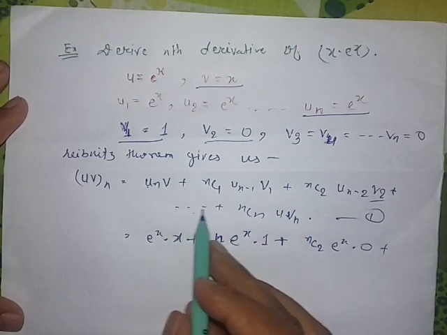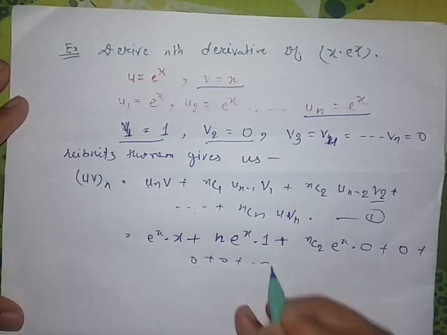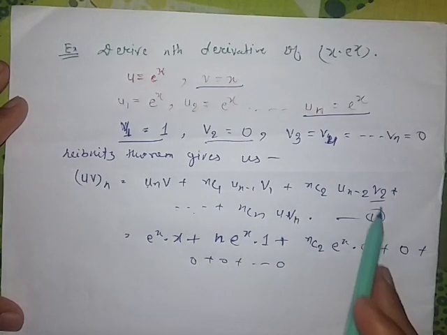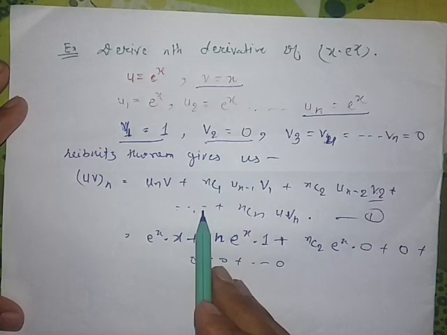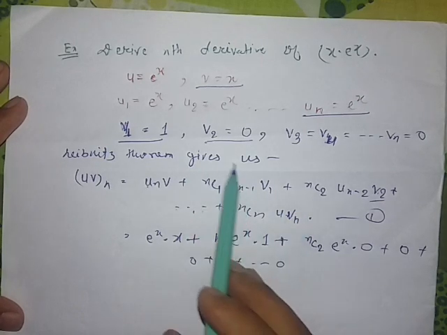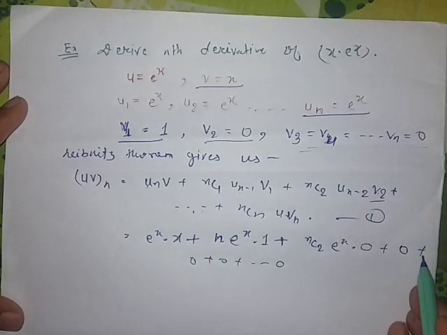And in the next terms, v3, v4 and so on are all 0, so all these values are equal to zero.